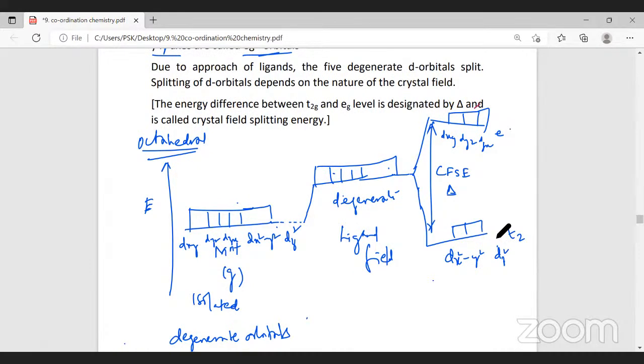The configuration only shifts, splitting. 3 orbitals go on the top and 2 orbitals come down. This is tetrahedral splitting. Did you understand? The reverse of this is octahedral. And this is nothing but tetrahedral. Did you follow? Yes, sir.